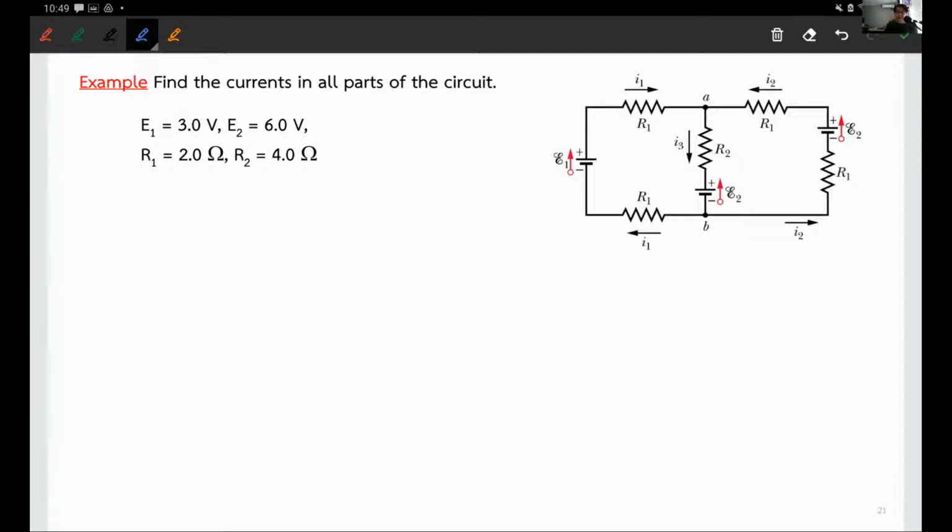And your friend asks a very good question: in reality, how can we tell which point has a higher potential than the other, because we haven't solved anything yet? So in this case, you just assume the direction of the current flow. That's it, and your equation will eventually give back the answer.